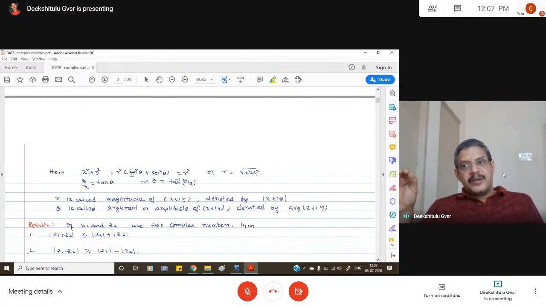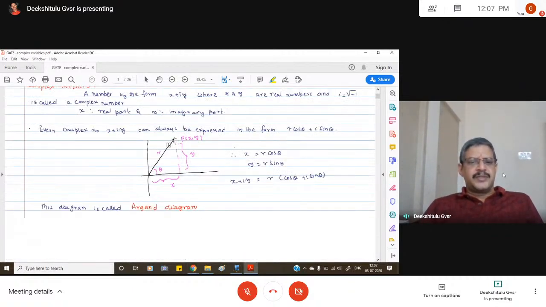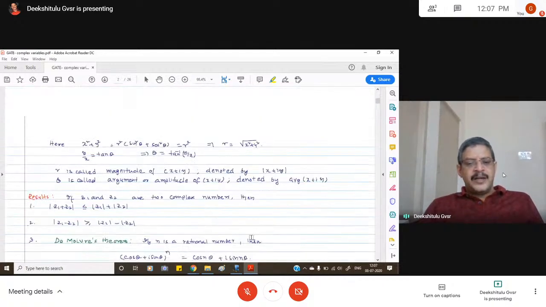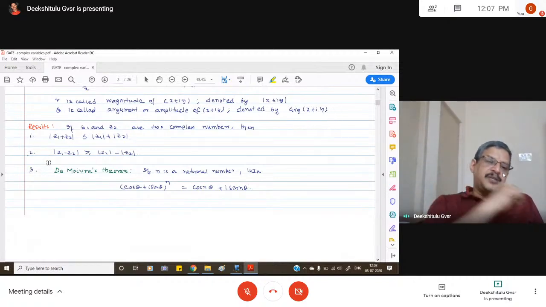Okay, this is what we mean. r is called the magnitude of x plus iy. In geometrical sense, this is the distance OP, denoted by modulus of x plus iy, and theta is called the argument of x plus iy, denoted by argument of x plus iy. Some basic principles that we require.